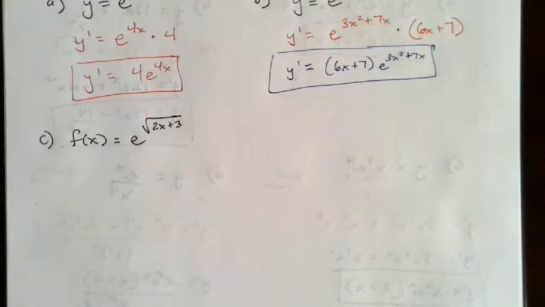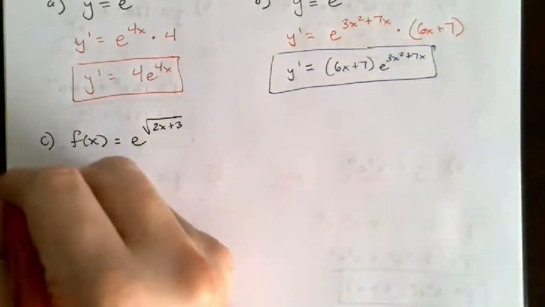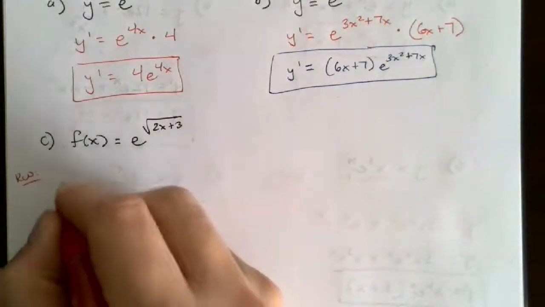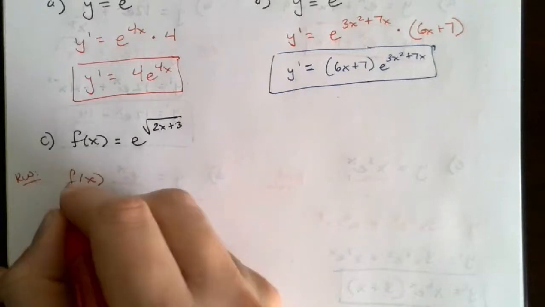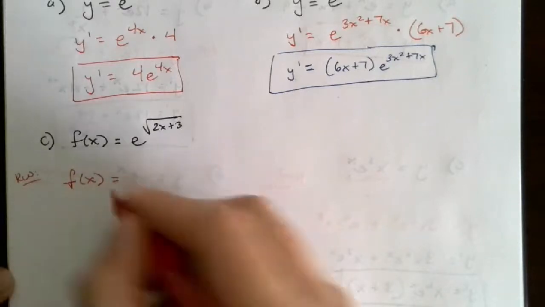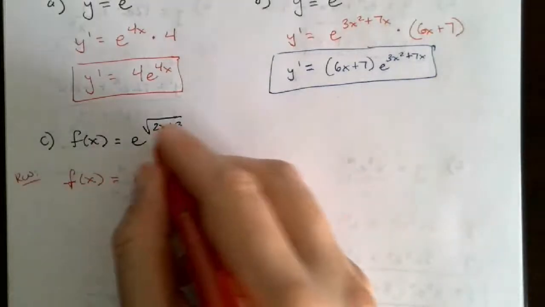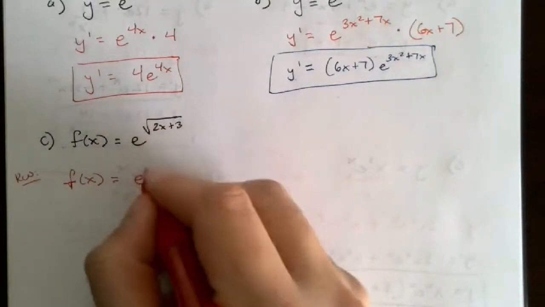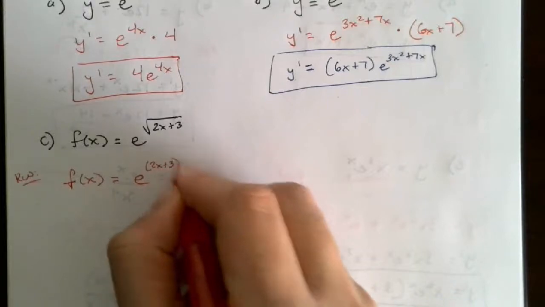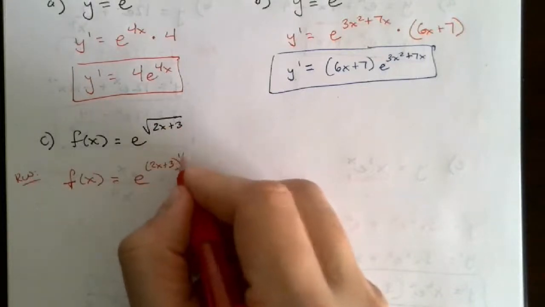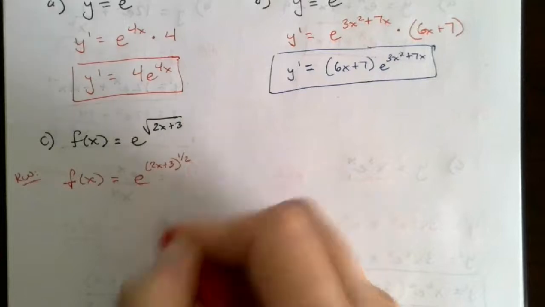If you have a radical in there, we want to write that as an exponent. I'm really rewriting f of x, not taking any derivative yet. This is still the same original function, just in an equivalent form. We're going to have e to the power of 2x plus 3 to the, with a square root, 1 over the index of the root, which is 2, so the 1/2 power.